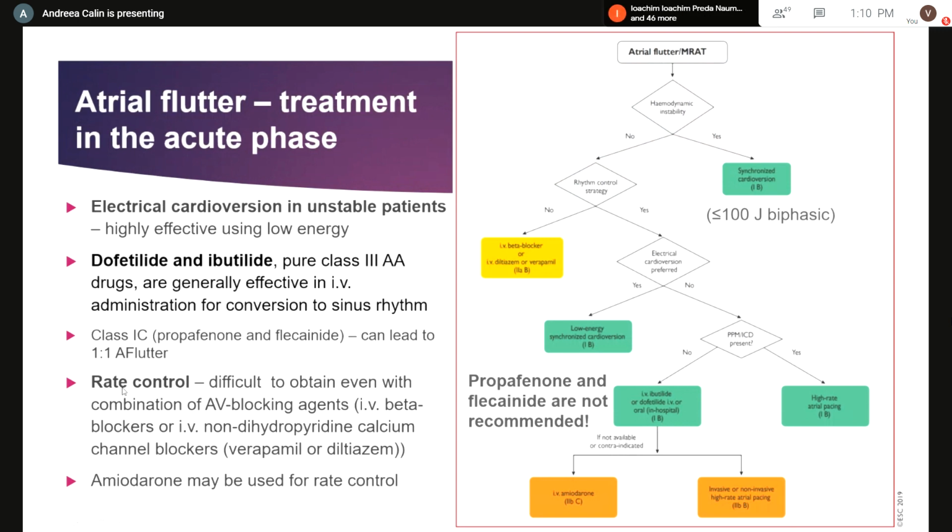So in the acute phase, the electrical cardioversion is recommended in all unstable patients. It is highly effective, using a low energy. And there are also some drugs that are generally effective in these cases.